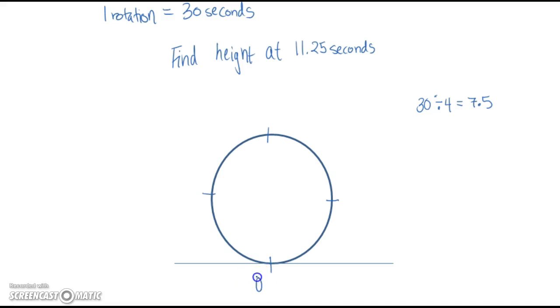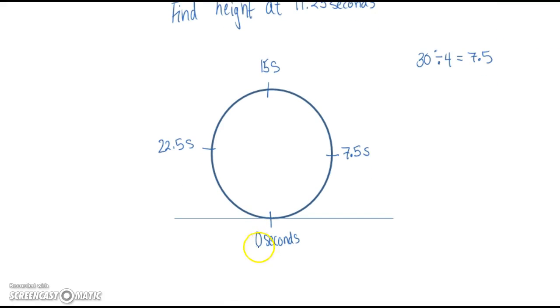Okay. So 0 seconds, and then we're going around, so it's 7.5 seconds, and then add another 7.5, so it's now 15 seconds, add another 7.5, and it's 22.5 seconds, add another 7.5, and we're down to 30 seconds.